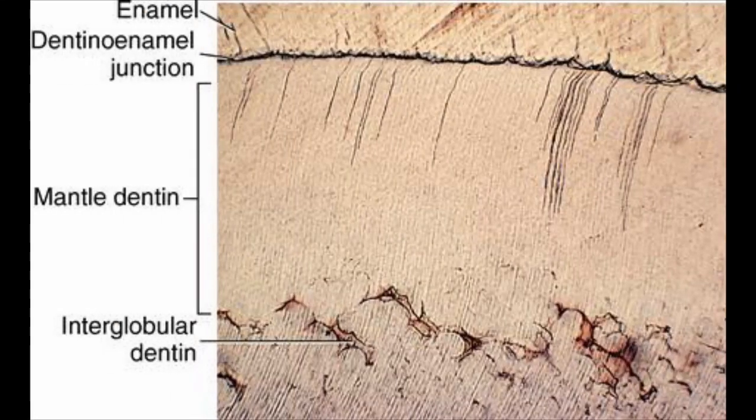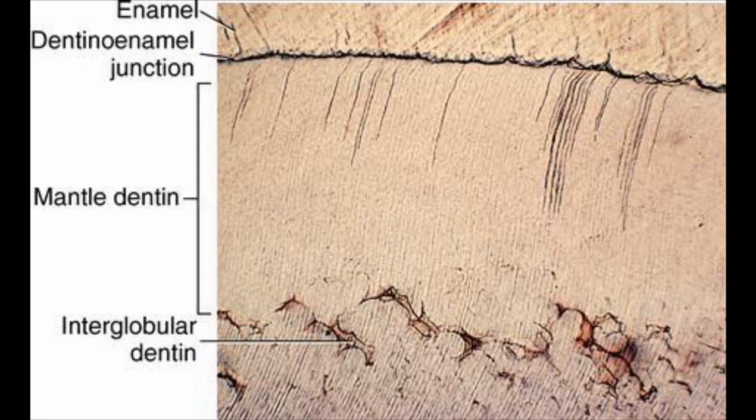There's another type of dentine which is known as the interglobular dentine. Now, this type of dentine is seen in the patients who are deficient in vitamins, especially vitamin D. And these are basically small calcified masses, which are referred to as chalcospheroids, which fail to fuse to form a homogeneous mass.